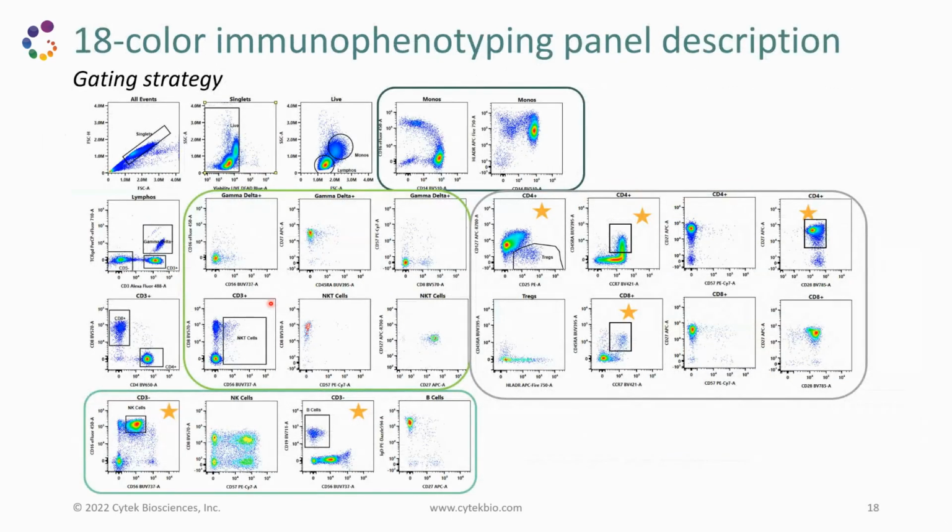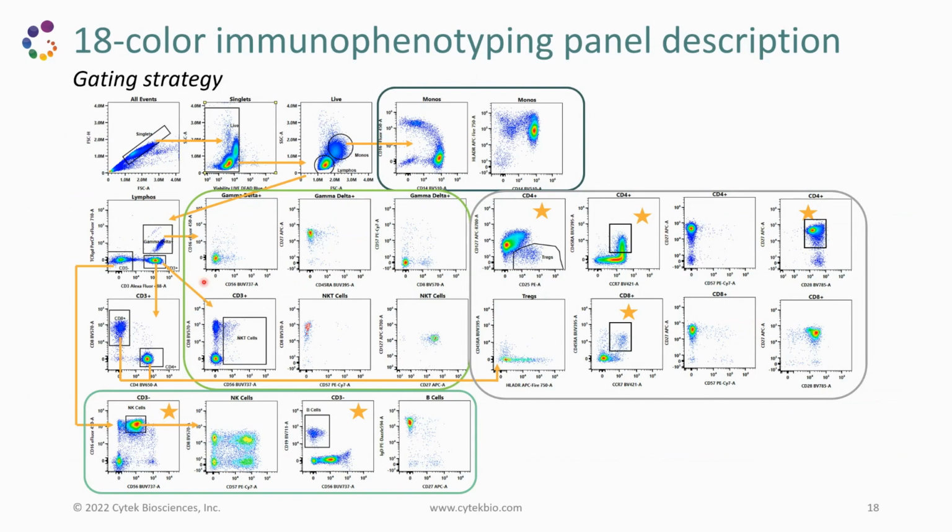So this is a busy slide, but very quickly we get on singlets, live cells from the monocytes. We can subset them based on some of the markers that we have. Then on the lymphocytes, we can look at CD3 versus TCR gamma delta, and we can subset the gamma delta T cells.